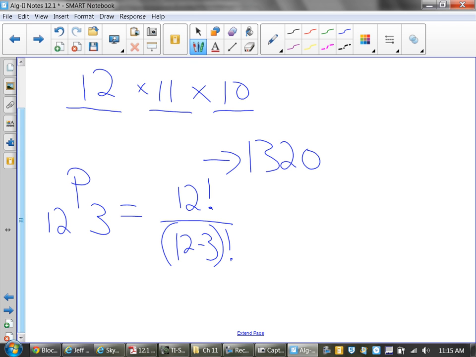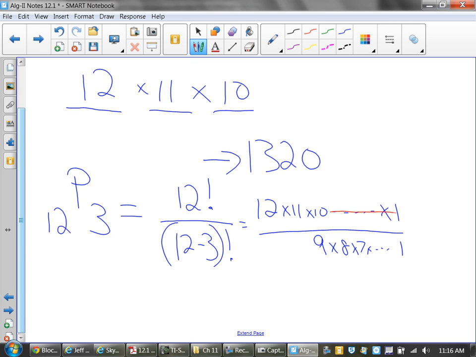Well, 12 factorial, we all agree, is 12 times 11 times 10, and so on, times 1. Over here, what's 12 minus 3? 9 factorial would be 9 times 8 times 7 and so on. So they just cancel out.